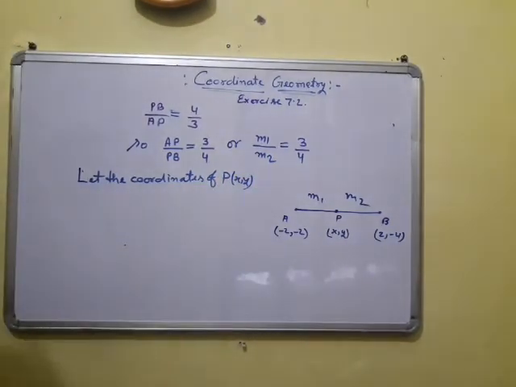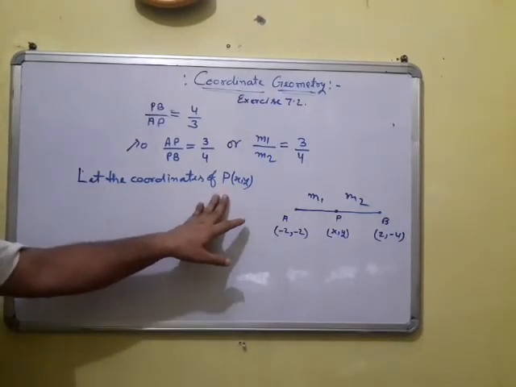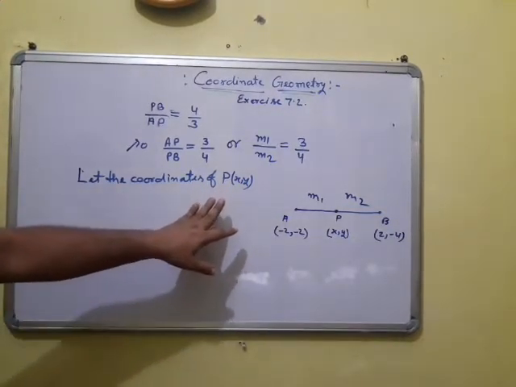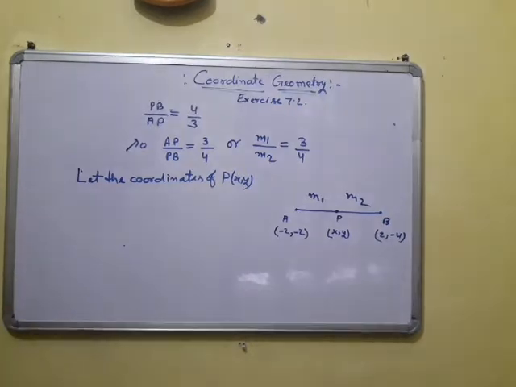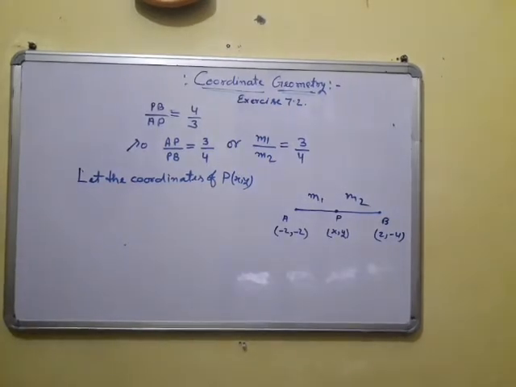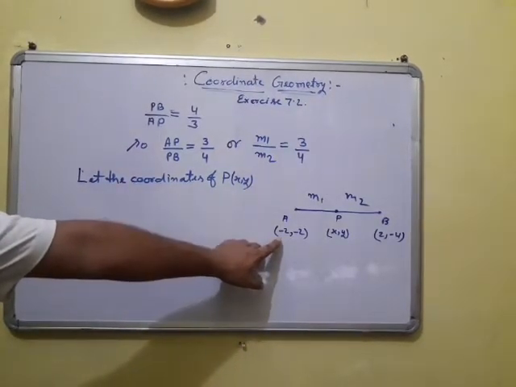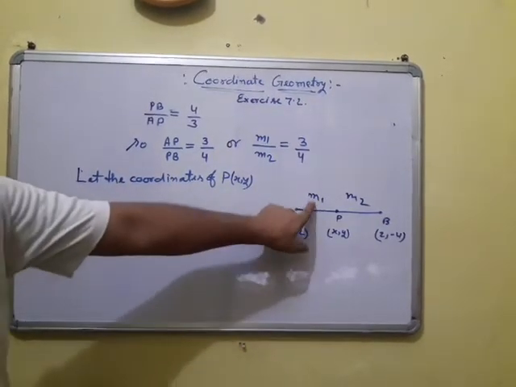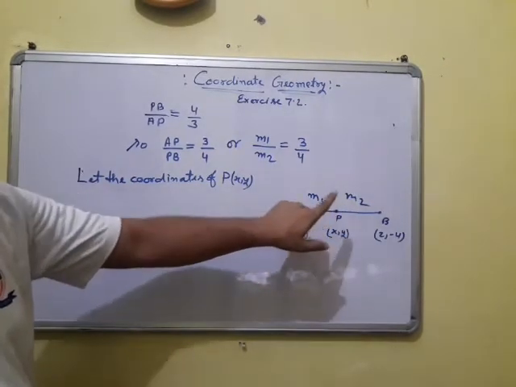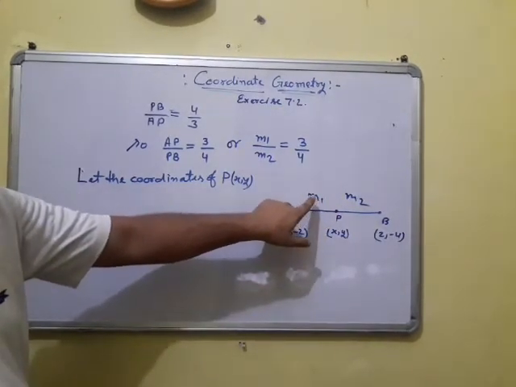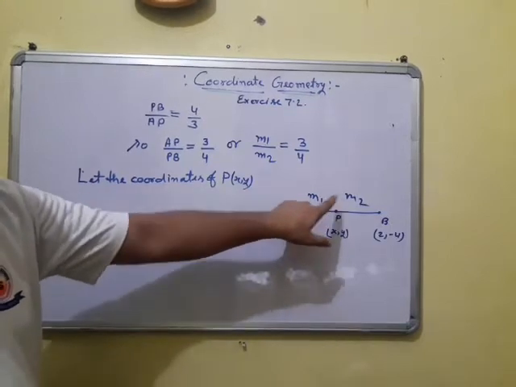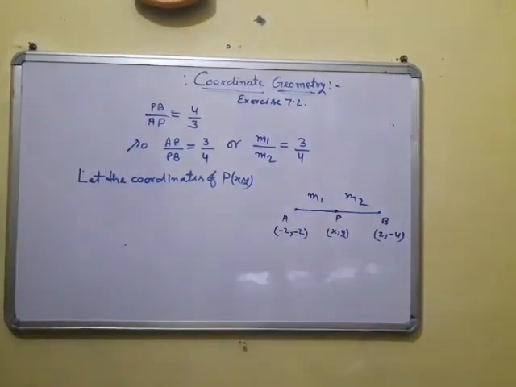Clear? So what do we get here? This one is M1, M2, this one is also right, this one M and N. Clear? So this is used here.